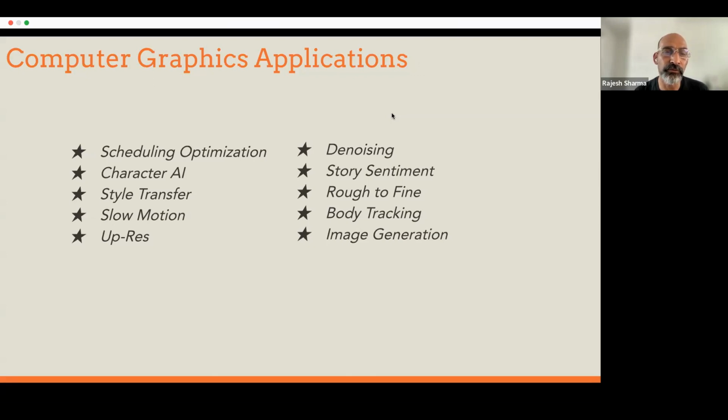So scheduling for rendering, optimizing that, like how much memory to use, where to send the rendering to, all that becomes important. And you can learn that from past behavior. Again, this would be specific to a studio, where you learn what the habits are, how people submit their jobs, when they expect to get them back. You can train all those from past data and learn to schedule optimally.